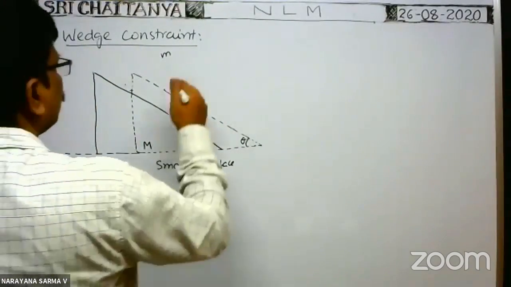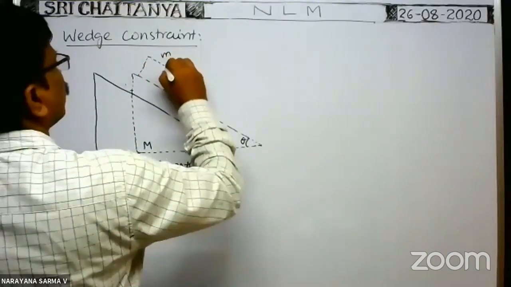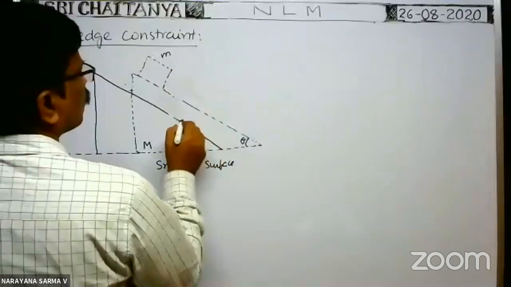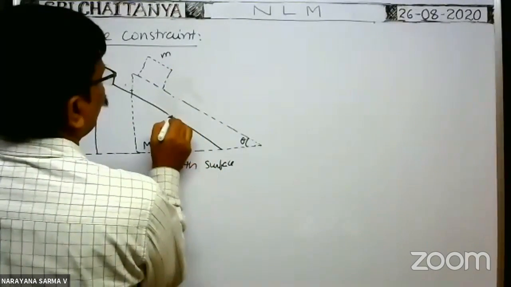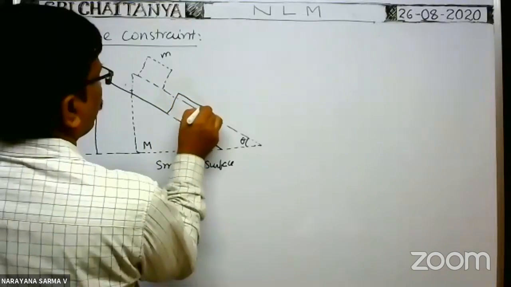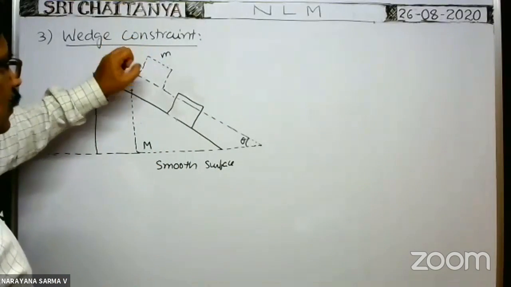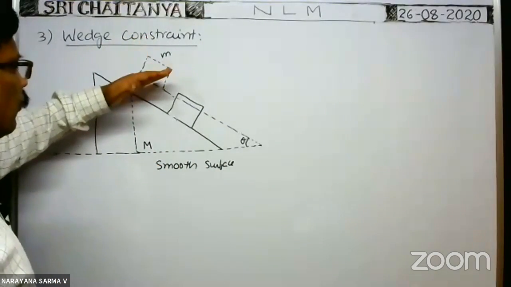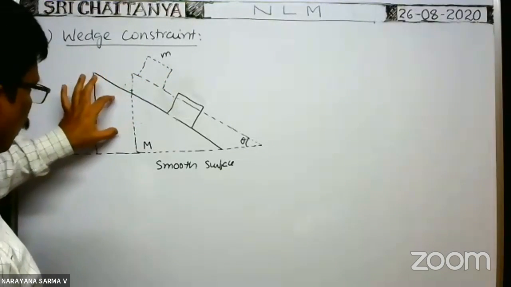Of course, nothing wrong. I will draw the block here. The initial position of the block is here. The final position of the block is now here. That means whenever the block and wedge system is released, because of the normal force component acting on the wedge towards the left, the wedge moves towards the left.